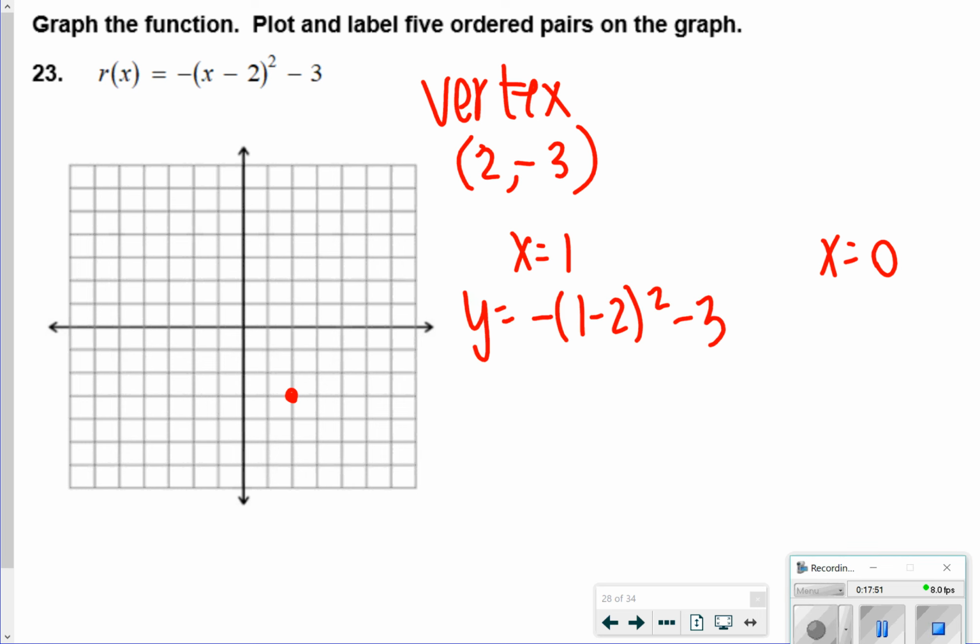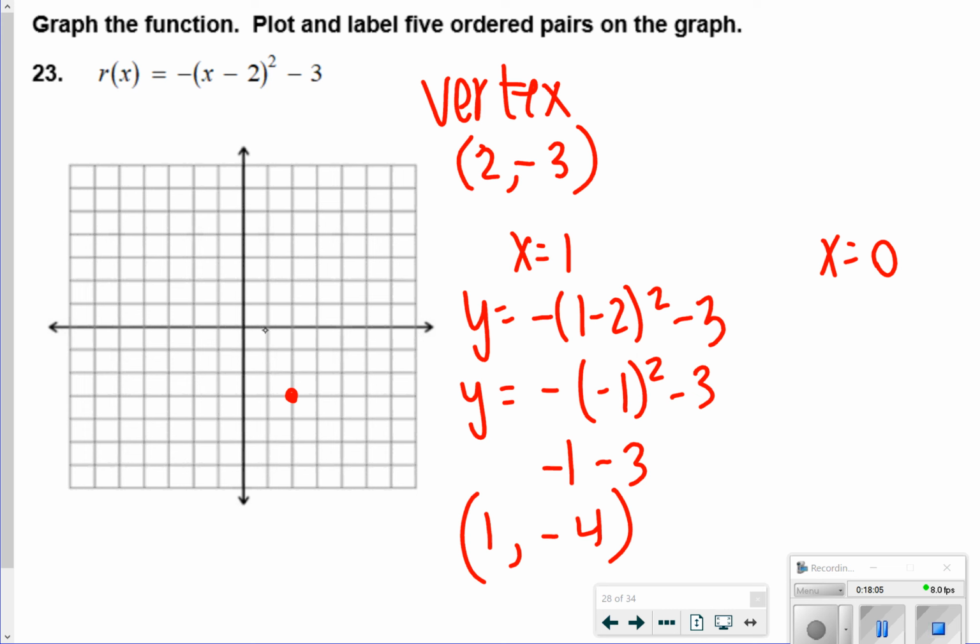So here's where I plugged in my 1. So that was going to give me y is equal to -1 squared minus 3, or -1 minus 3, which is equal to -4. So I have 1, -4. And then when x is equal to 0, this is what that would look like being plugged in.